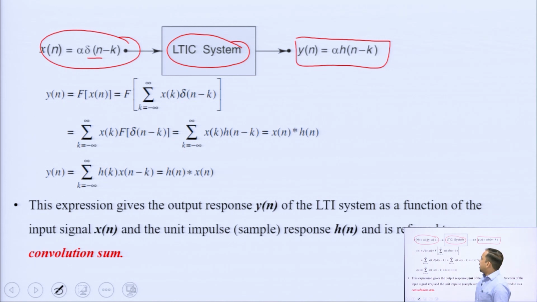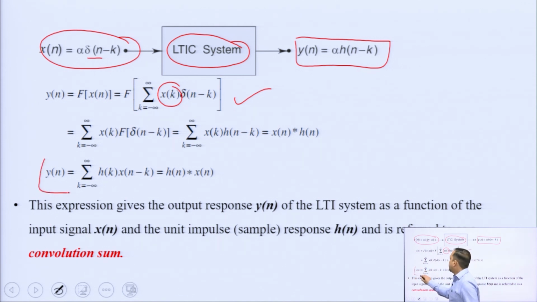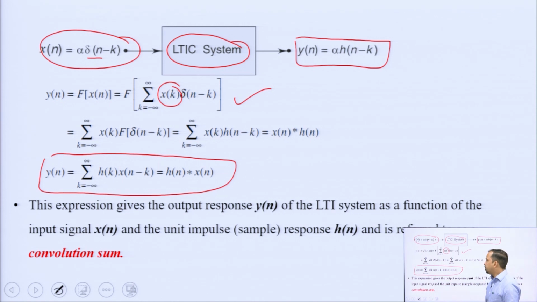Mathematically we can calculate the response of the system if the input and impulse response are known, with the help of this formula: y[n] equals summation k equals minus infinity to infinity h[k] x of n minus k, and this representation is the convolution operator.